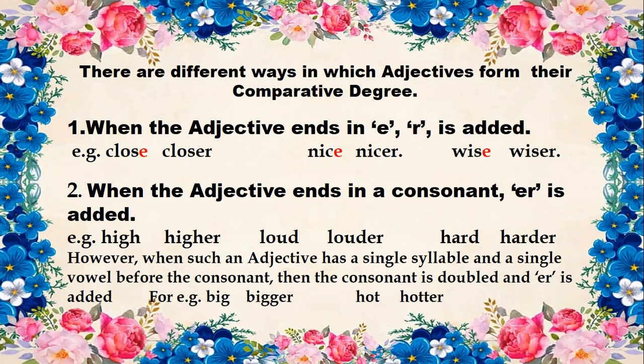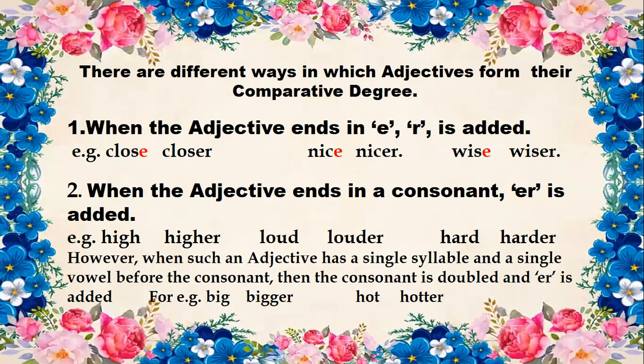So here you can see the adjective ends with an E. So when it ends with an E, then when we are forming the comparative degree, we add R in front of that. So here see close is the ending word. So it became closer. CLOSER. Nice became nicer. NICER. Wise became wiser. WISER.